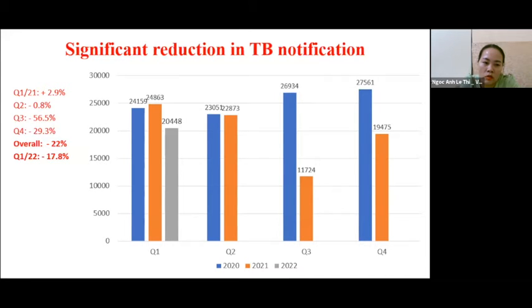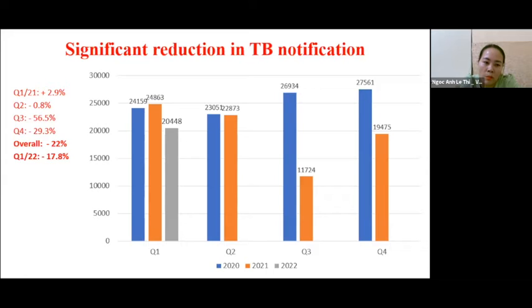When we compare the data from 2021 with 2020, we can see the overall reduction in notification is around 2%.